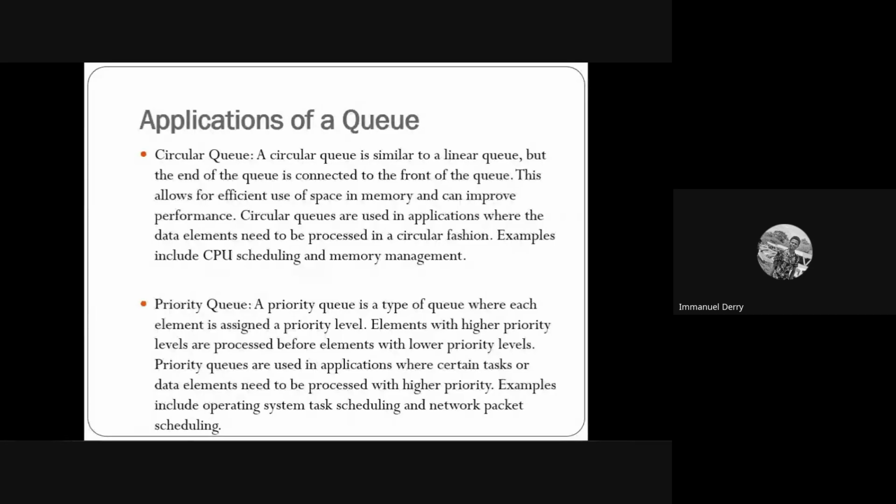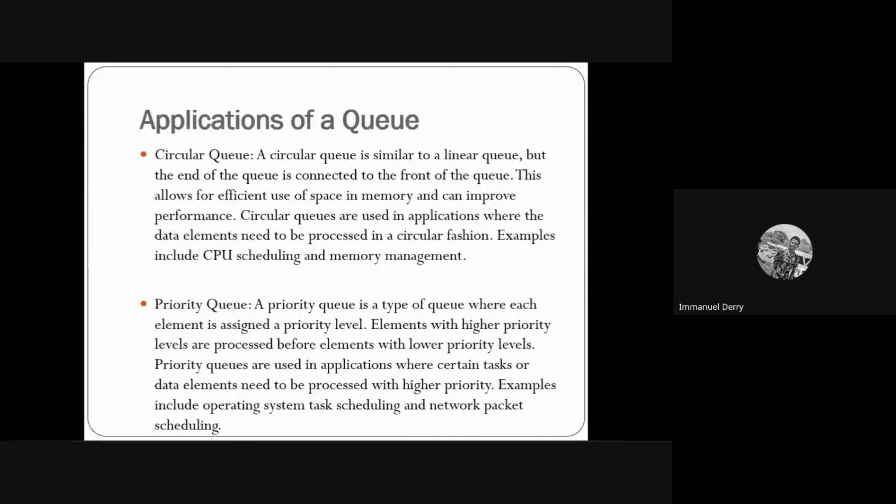So if your data needs to be processed in a circular fashion, it is also important to use the queue data structure, but specifically the circular queue. And examples include CPU scheduling and memory management as well.